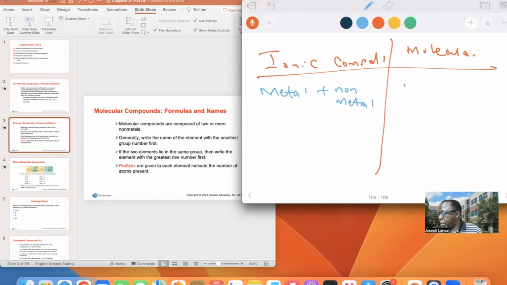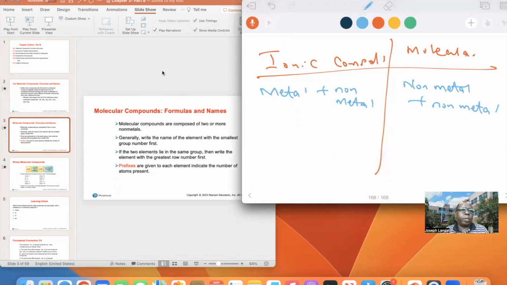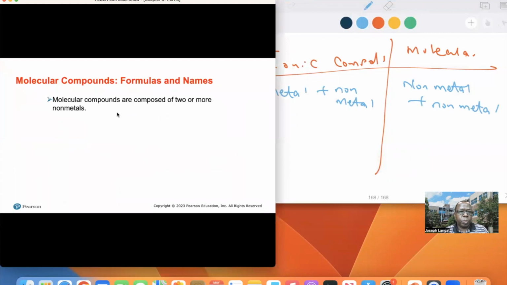Here is non-metal plus non-metal. We have two non-metals in a molecular compound. So you need to know what makes up the molecular compound: two or more non-metals.